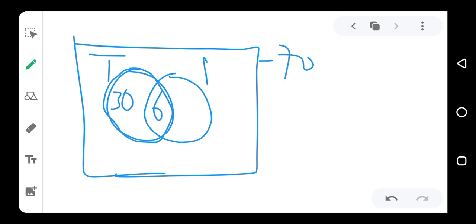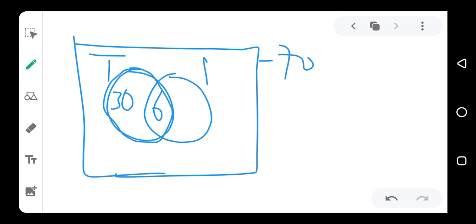Then for the second set, that is for the ice cream, we have a total of 34 pupils, and 6 already are in the intersection.